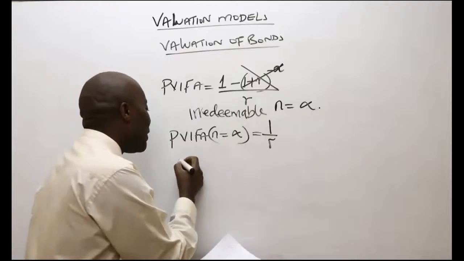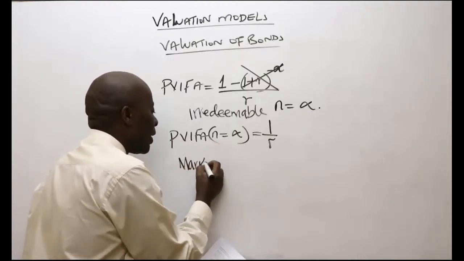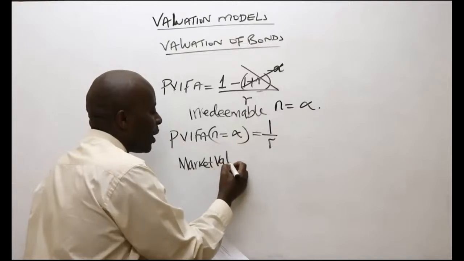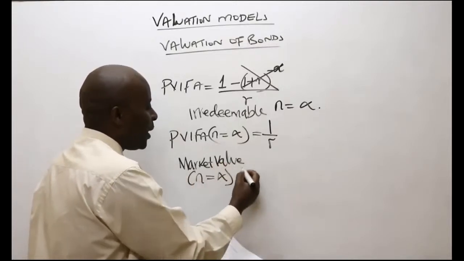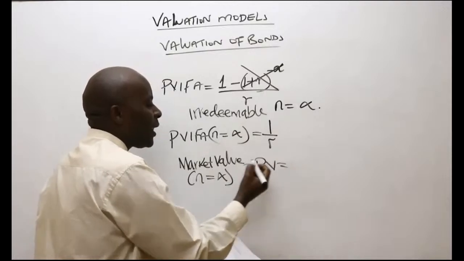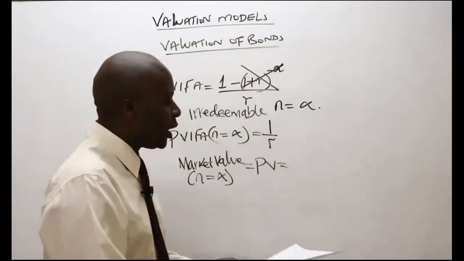Now, in this particular case, to get the market value of the bond, where N is infinity, I will basically get its present value. How do we get its present value?